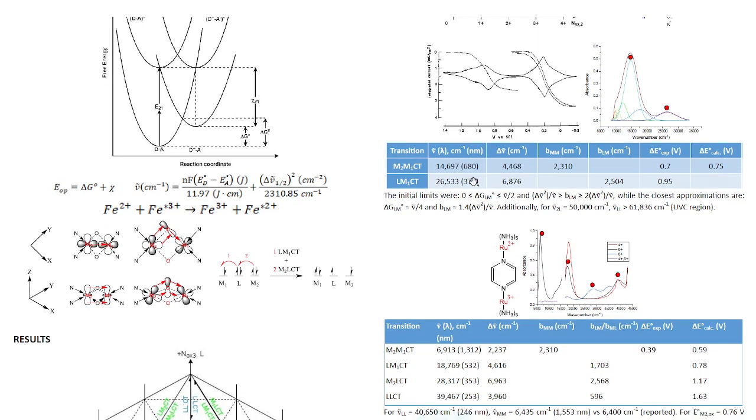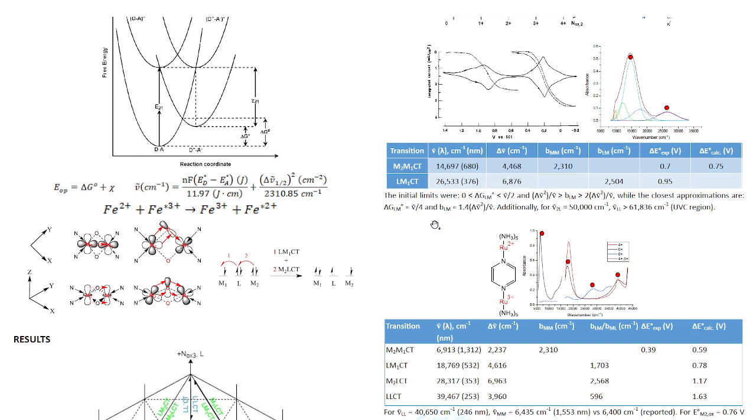Now, considering that the ligand to metal and the metal to ligand equations are the same as for the original Hush equation, we know three of the terms, in this case the absorption maximum, the full width at half maximum, and the difference between oxidation and reduction potentials.